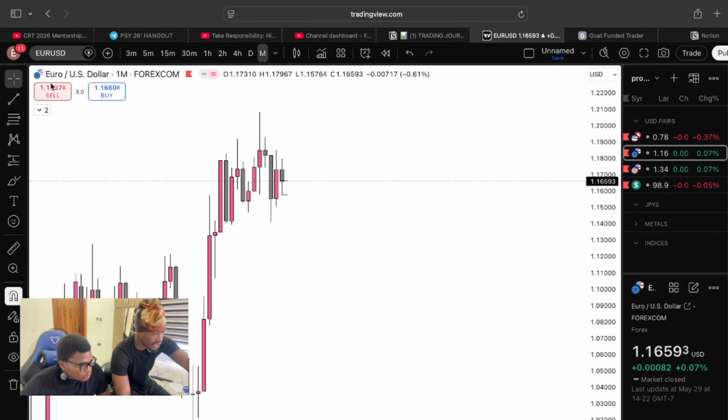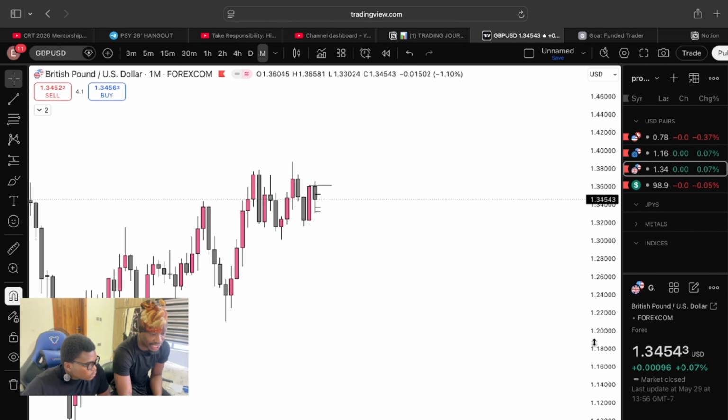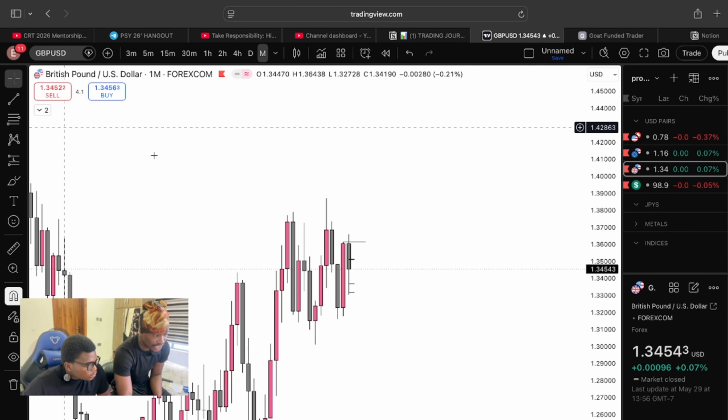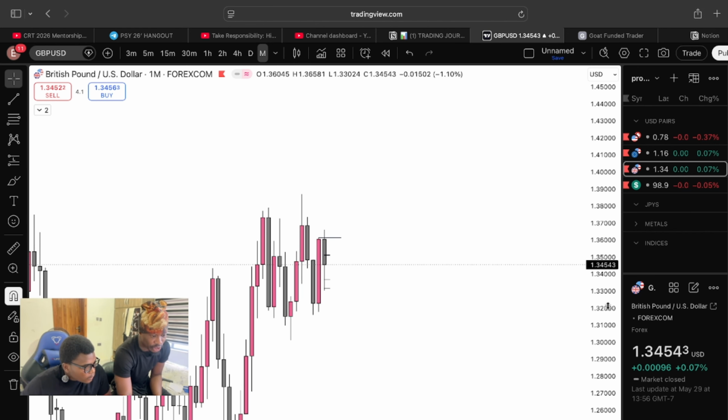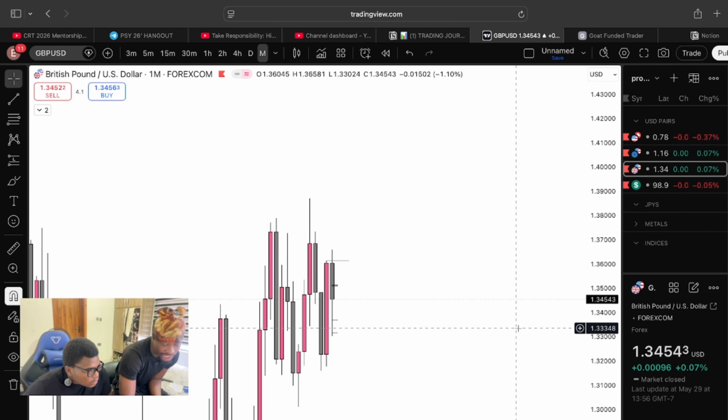Then this is pounds against US dollar. So right now we're trading these two currency pairs, and you can see this is the exchange rate as of now in the forex market. So that's all we're trading.